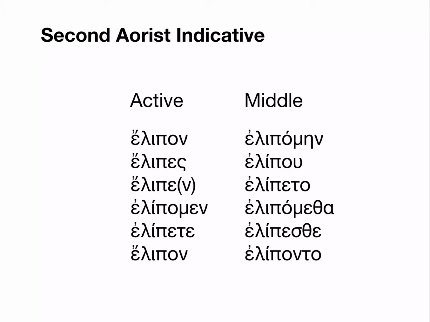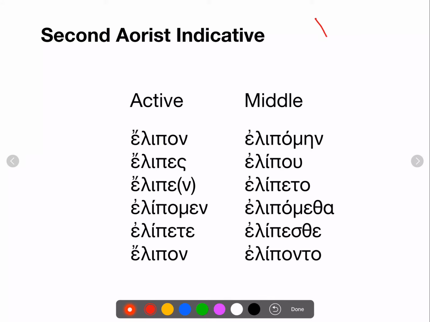All right, so we remember that verb leipo. So the first principal part is leipo. So the imperfect indicative active of leipo would use the stem from the first principal part and the augment, and the imperfect indicative active ending.